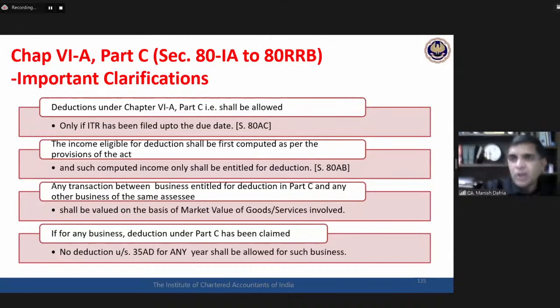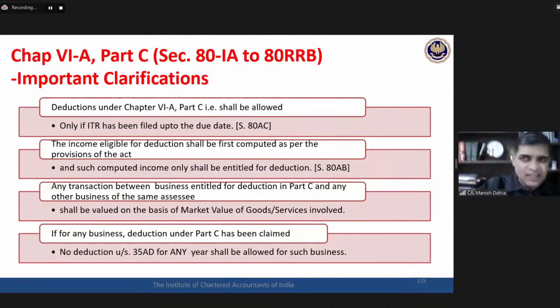If you can recall, in the business income chapter, Section 35AD covers certain types of businesses where even the capital expenditure is allowed as a deduction 100%. Normally for capital expenditure, you can claim depreciation. For 35AD businesses, capital expenditure is also allowed as a deduction 100%.